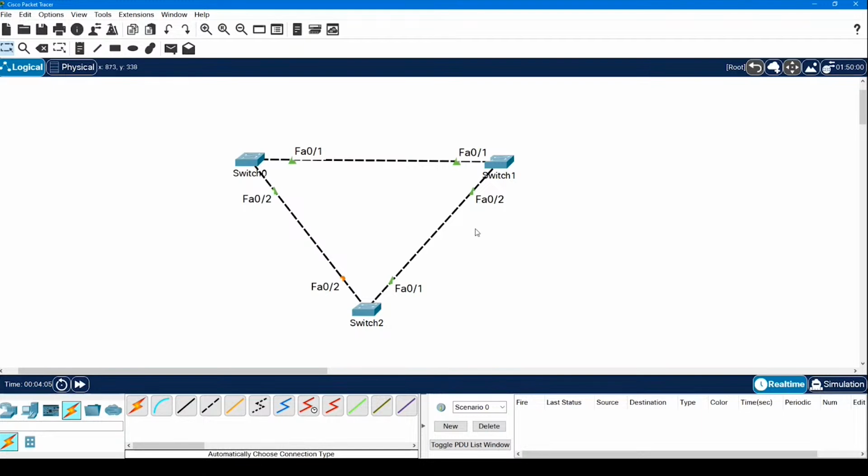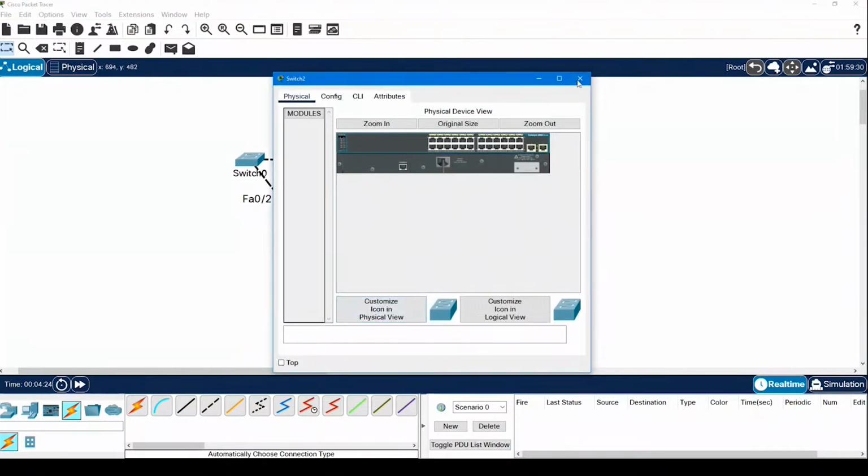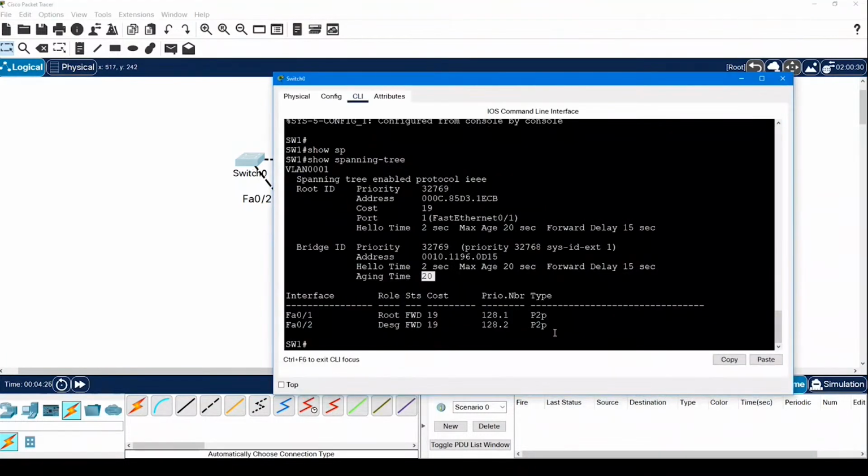What I am trying to say is, if this switch doesn't receive BPDU on this port for 20 seconds, the switch will assume this port or this link as down and will make this one up to keep the data transmission continuing.